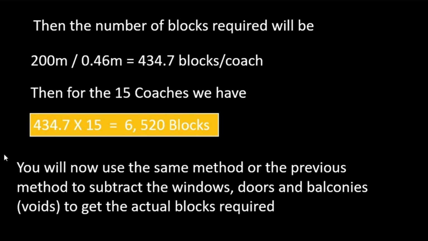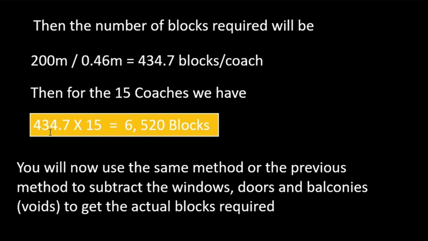Then the number of blocks required will be 200 meter over 0.46 meter, which is equal to 434.7 blocks per course. This one now is just for one round course that will complete one round of the entire perimeter of the house.